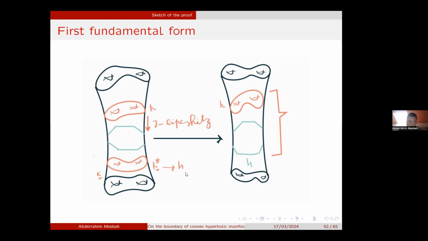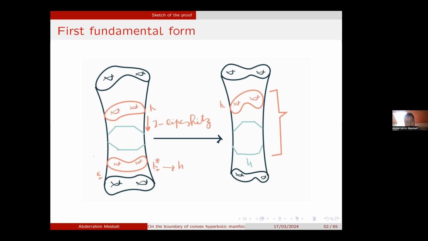So we will take h, the metric that we want on the upper boundary, and h_n star, a sequence of metrics that converge to the measured lamination mu and satisfy the condition of the third fundamental form. And we use their theorem to realize the metric h as first fundamental forms and h_n star as third fundamental forms.